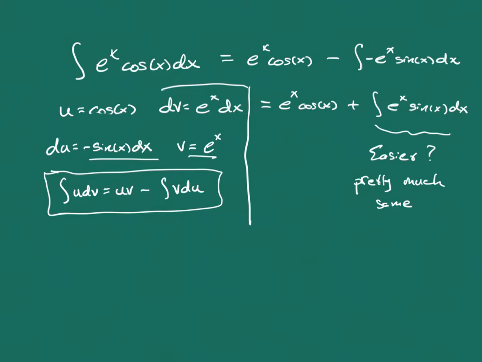So I can't say this is a bad direction to go for u and v. Let's not change horses in midstream and just use our integration by parts technique one more time to see what happens.